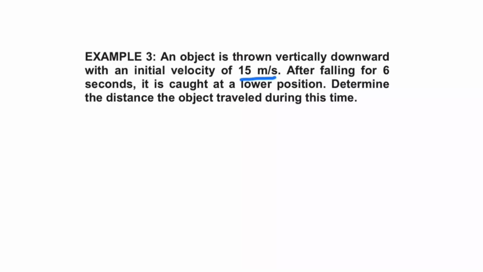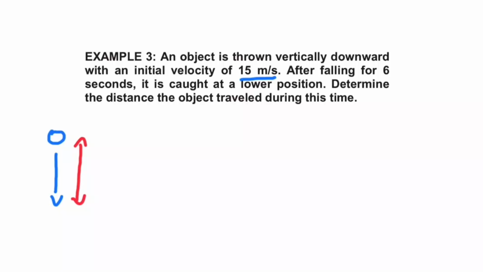So we have an object that is being thrown down at an initial velocity of 15 meters per second, right? And after 6 seconds, it is caught on its way down. What we're interested in is the displacement of the object from the time it is thrown downwards to the time it is caught 6 seconds later.